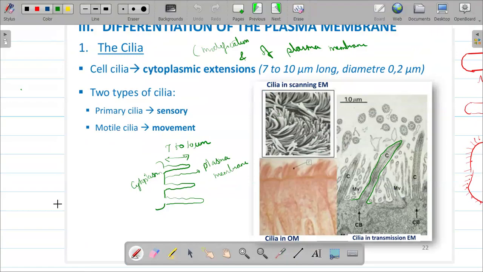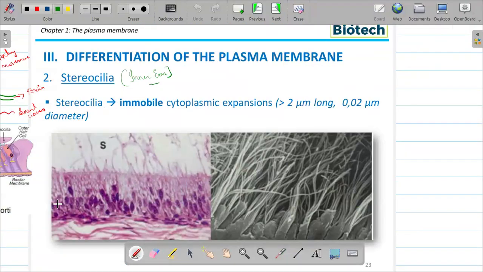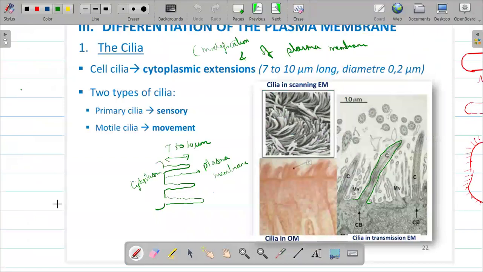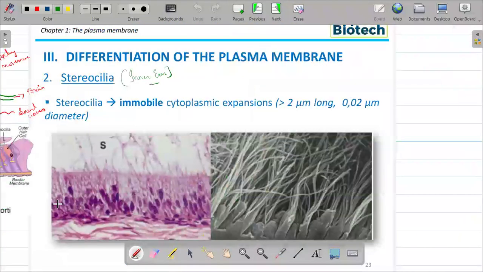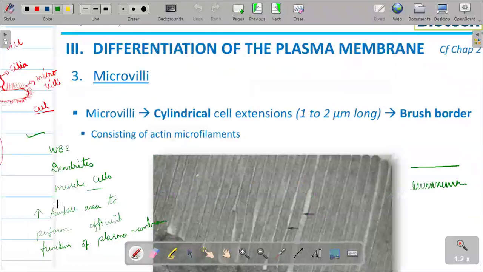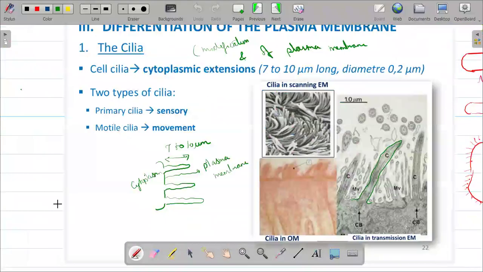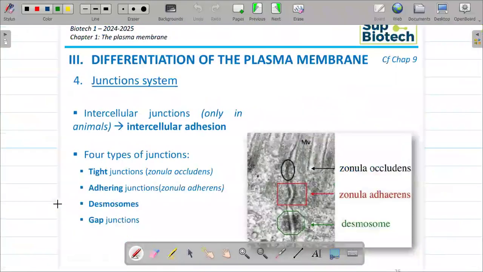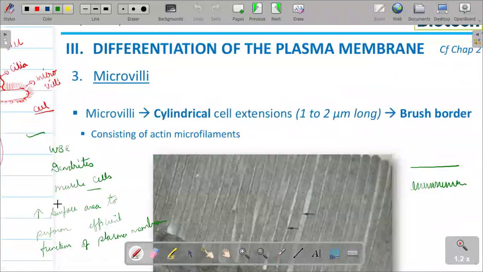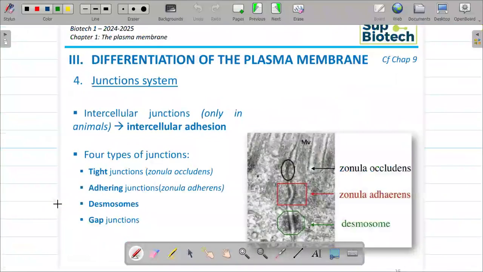Cilia are of two types: primary cilia, which help in sensing the environment, and secondary or motile cilia, which help in movement. Stereocilia do not help in movement, but in sensory function. Microvilli also are not involved in movement, they are involved in sensory function. Understood? Now look at the diagram.